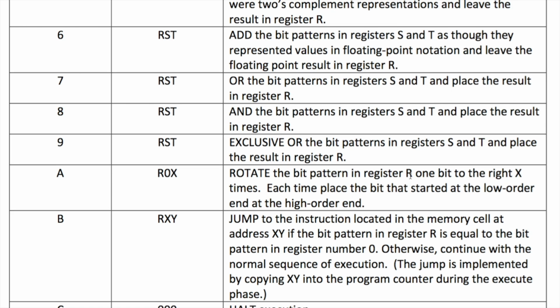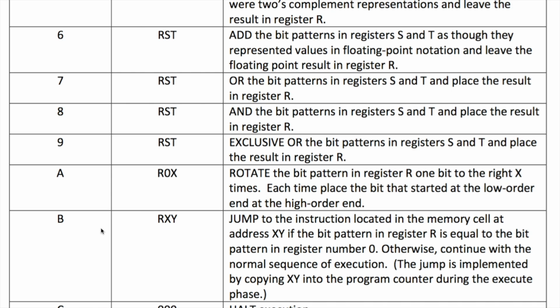This will be performed X times. It means if we have the value 2 at this location of the operand, we will shift the value to the right 2 times or 2 bits. Note that each time we shift the value, we bring out the rightmost bit and then put it back into the leftmost bit. So basically we rotate the values.